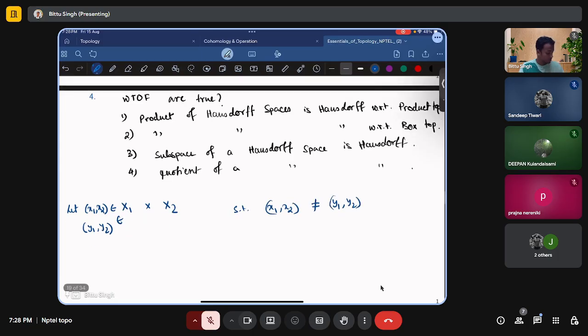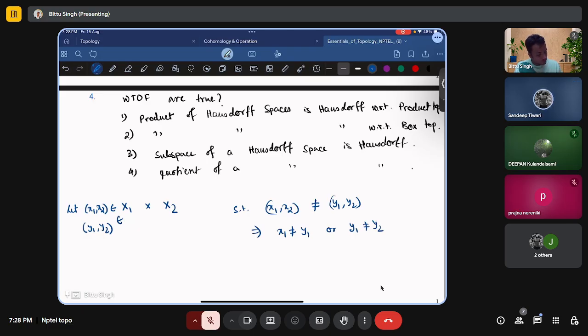What is the meaning that two tuples are different? This means either the first component will be different or the second component will be different, right?